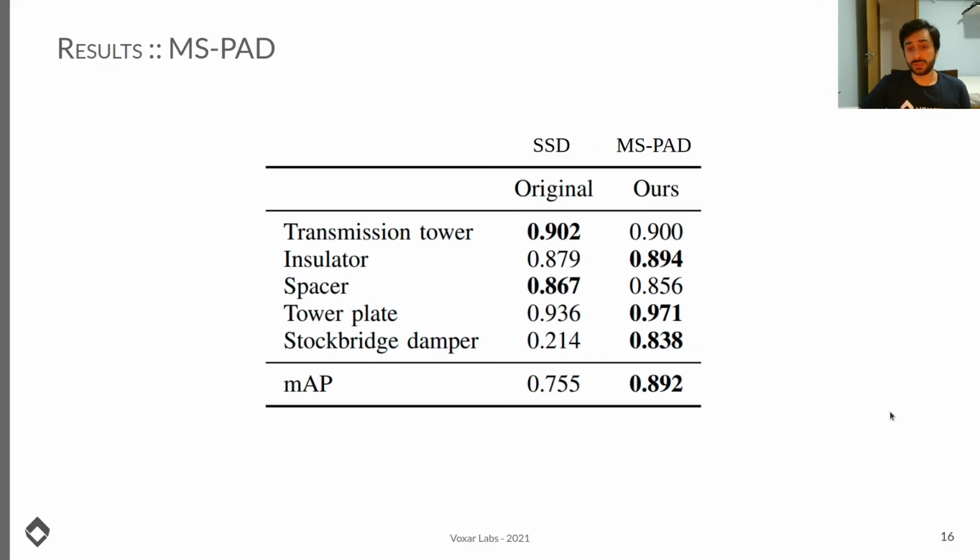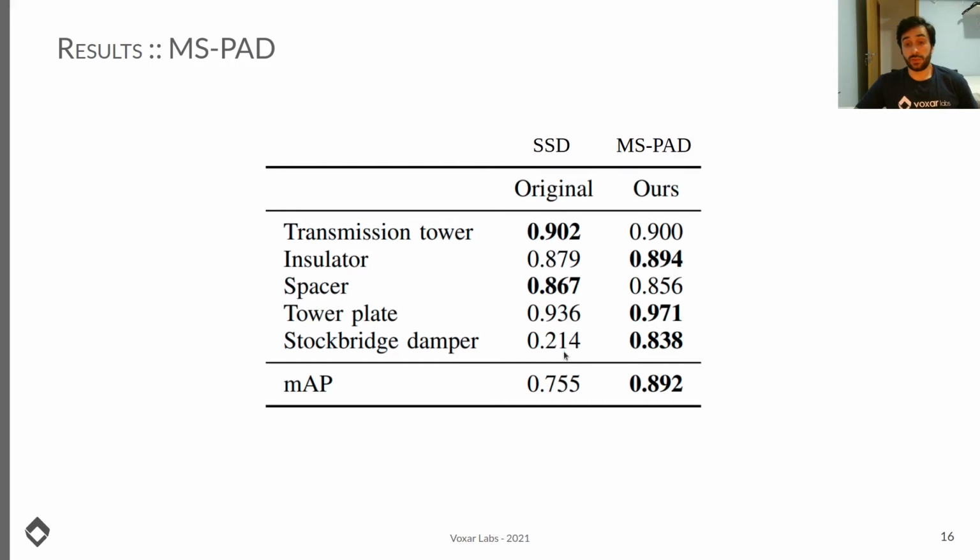As for the results, we noticed that the SSD had the better performance between SSD and Faster R-CNN, so we used SSD as a temporary baseline in our experimentations, and it achieved a 75.5% mean average precision. So it's the mean of the average precision of all classes.